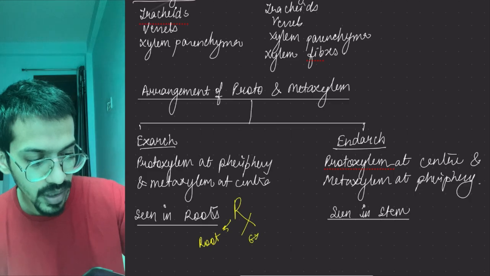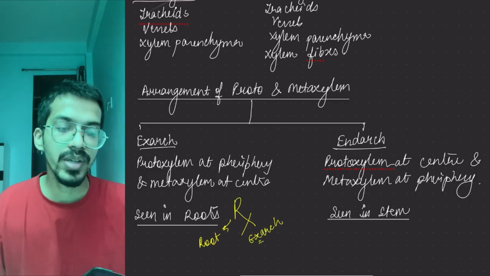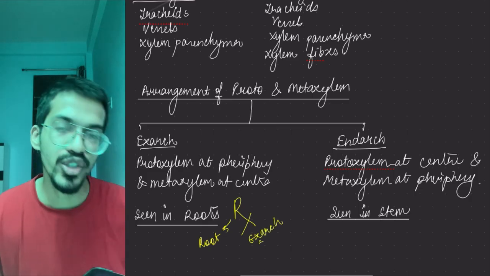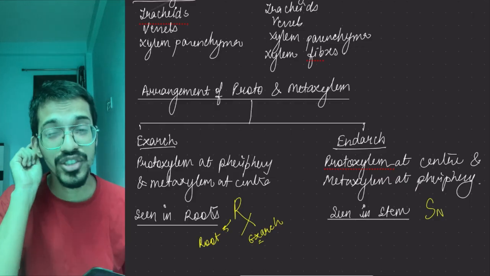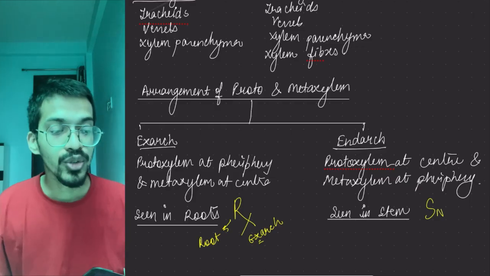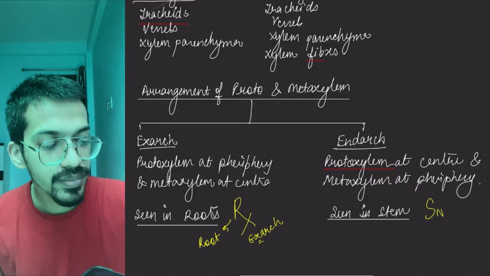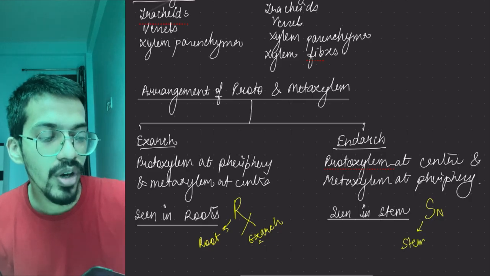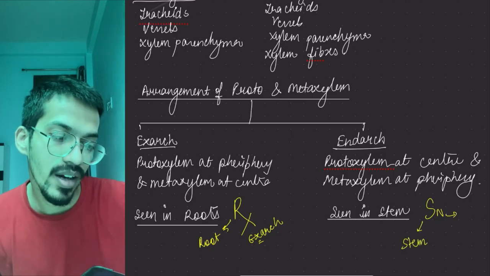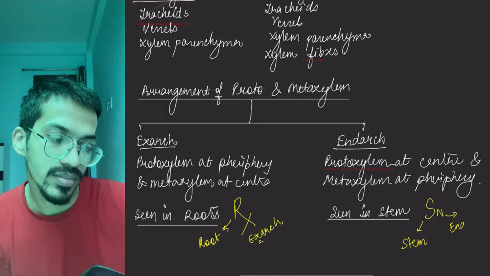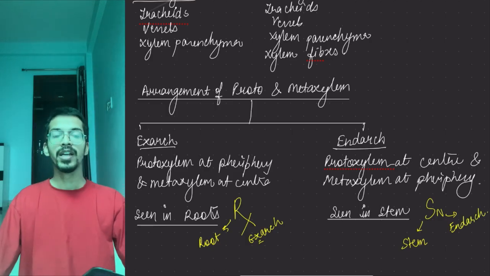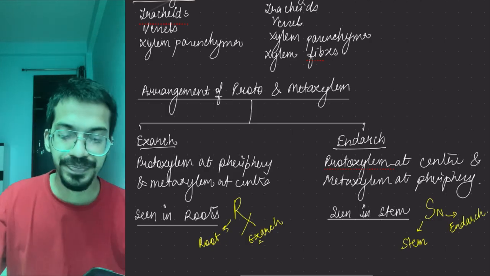Exarch. It sounds like that, no? What about endarch? This is SN reaction. You might be studying SN reaction in your organic chemistry. So S for stem and N for endarch, not the nucleophilic substitution, right? So this is how we will remember it.